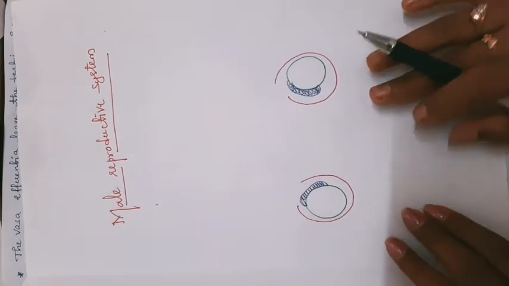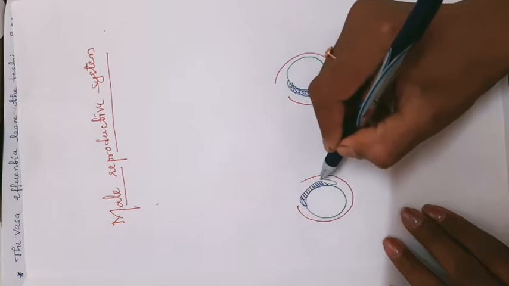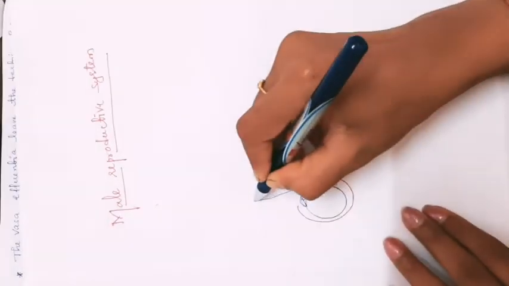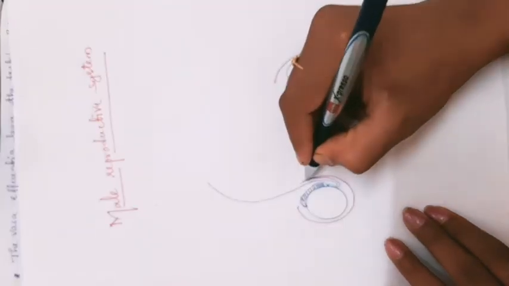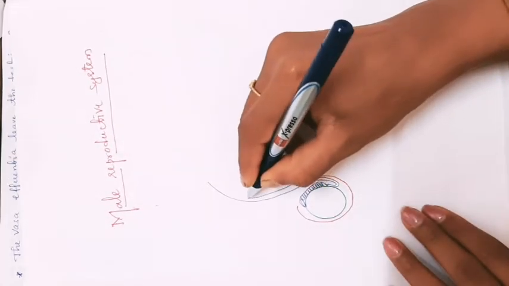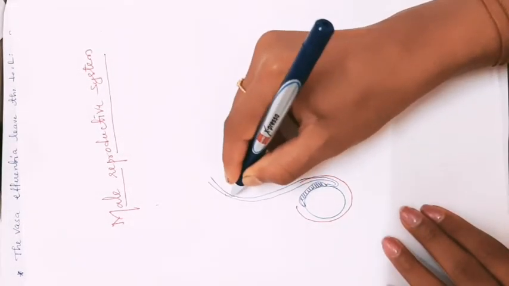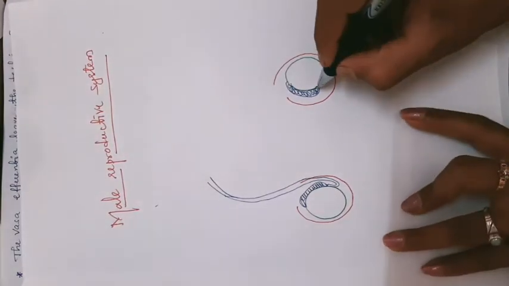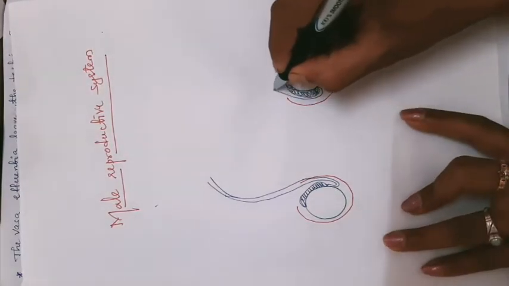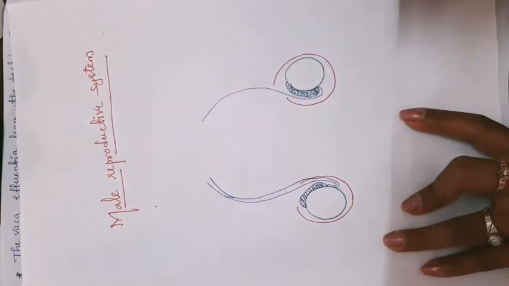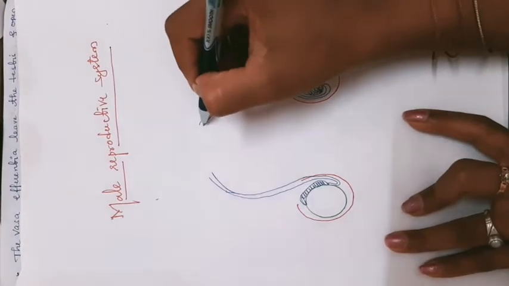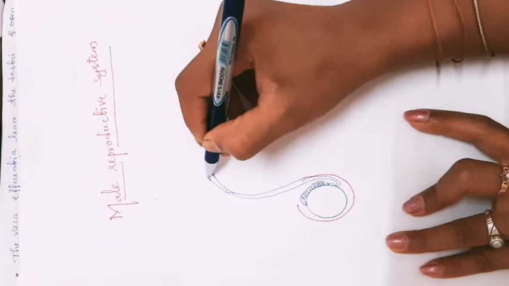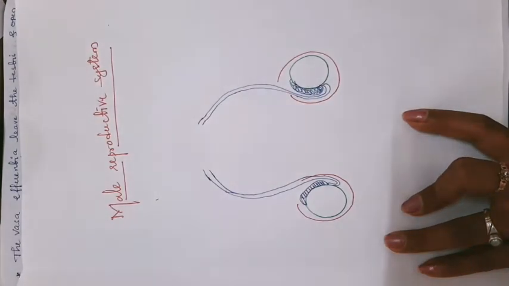At the tail region of the epididymis, a small tube-like structure arises and it ascends and finally connects with the abdominal cavity, then finally connects with the excretory system, the urinary bladder.